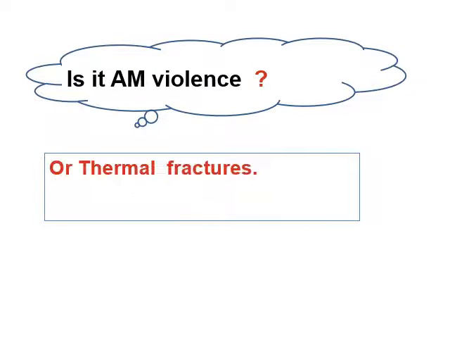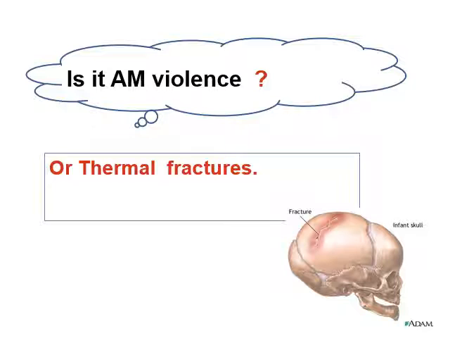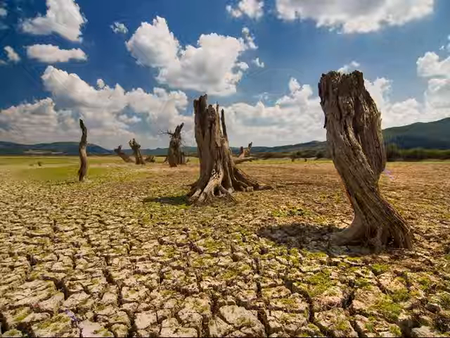In some instances we can find a fissure fracture, which is called thermal fracture, in the skull of the burned body. So we have a question now: is it an antemortem violence or a thermal fracture? That means if this person was exposed to a crime, he was hit upon his head, so is it an antemortem violence, or is it occurring just from fire, which is called thermal fracture?